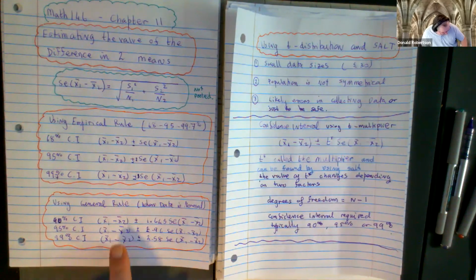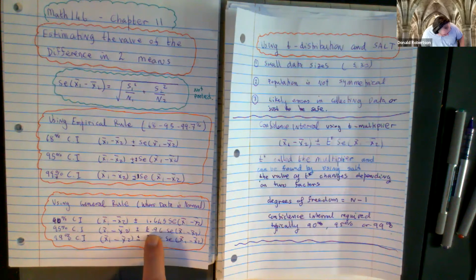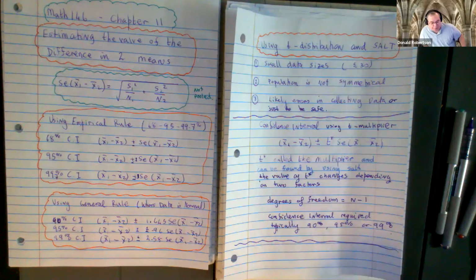Same formula, same guy. Only difference is 1.645 for 90, 1.96 for 95, and 2.58 for 99. And again, you could probably guess these, aren't they the same kind of things that you used when you were doing the difference between two proportions, right? Very similar.